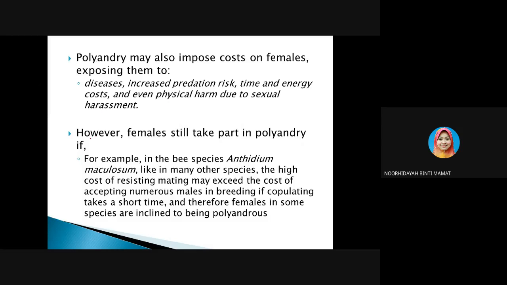However, females still take part in polyandry, even though they have some sort of cost. For example, in the bee species Anthidium maculosum, like in many other species, the high cost of resisting mating may exceed the cost of accepting the numerous males in the population.